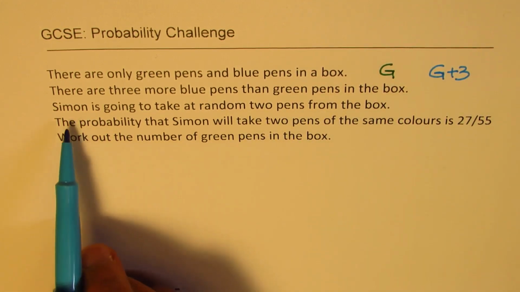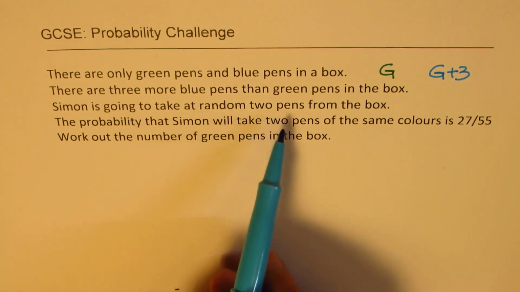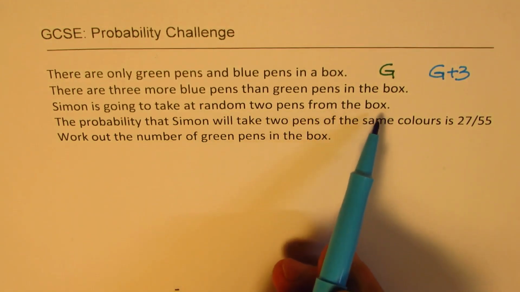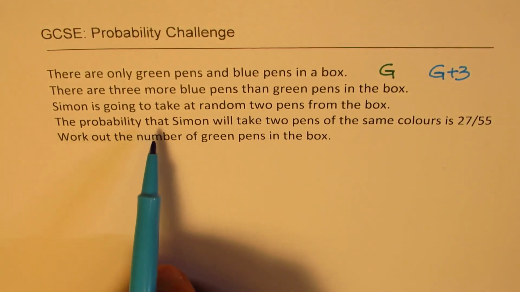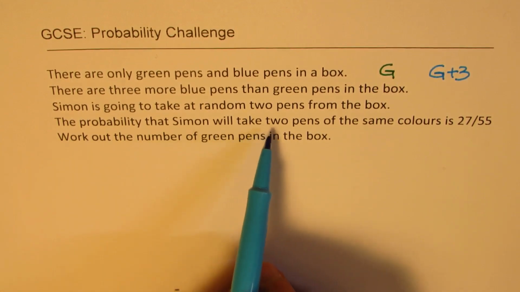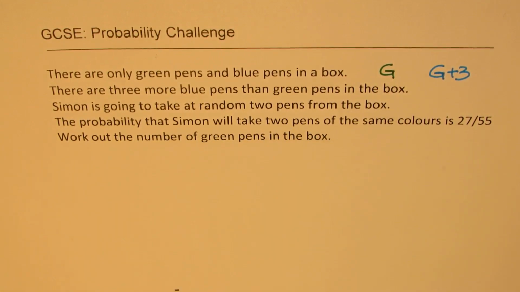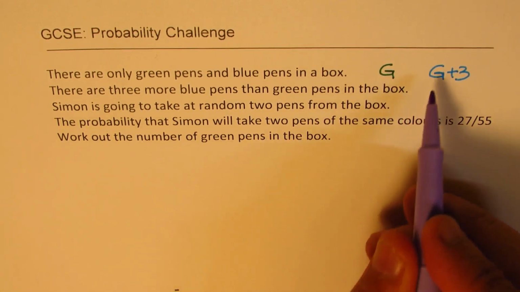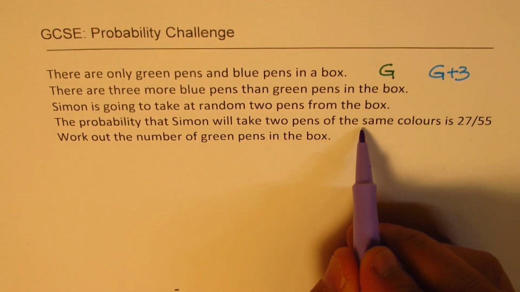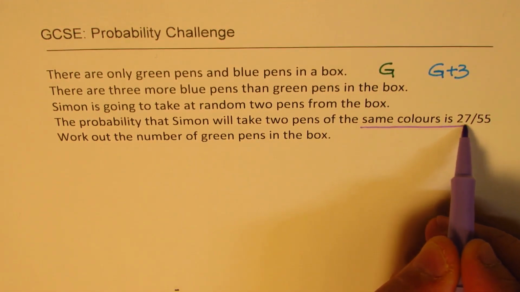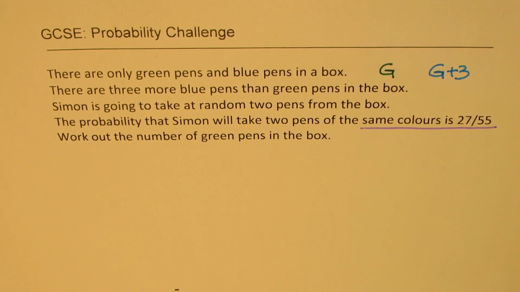Now we are given Simon is going to take at random 2 pens from the box. The probability that Simon will take 2 pens of the same color. So we are looking for same color, right? So it could be either 2 greens or 2 blues, right? So same color is 27 over 55. Work out the number of green pens in the box, correct?